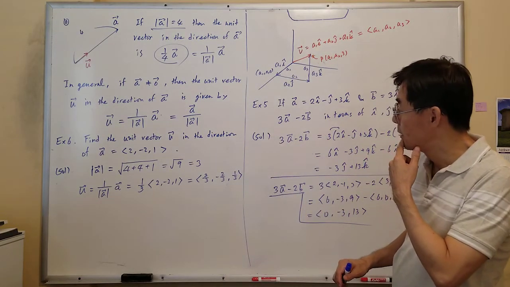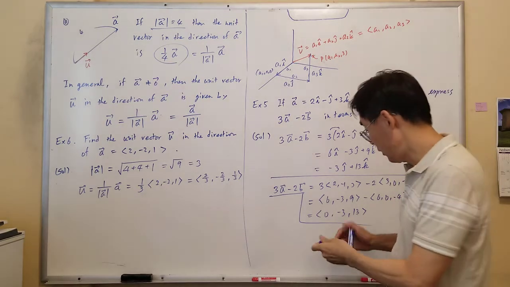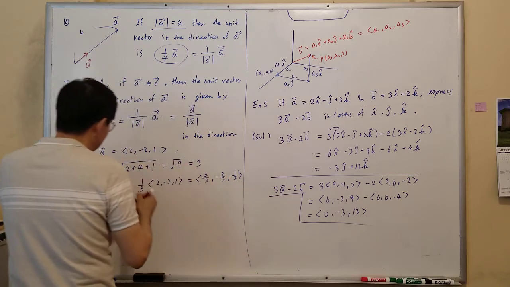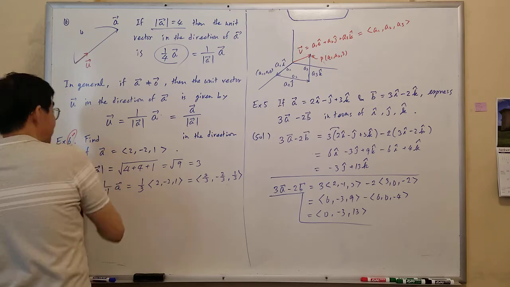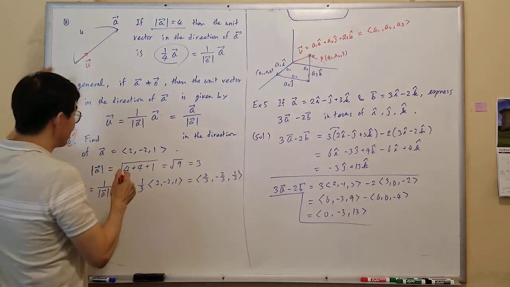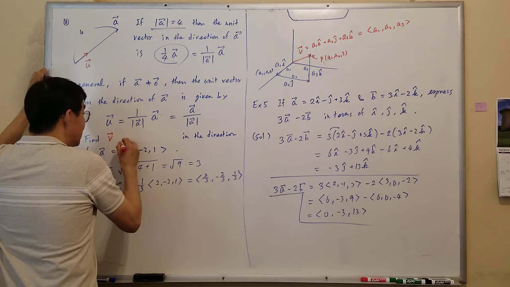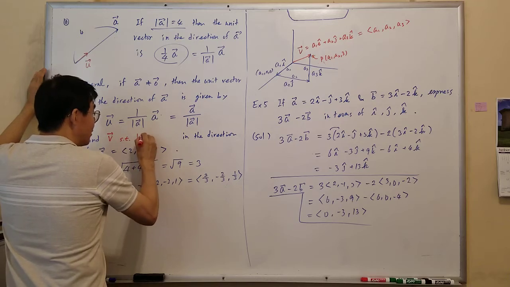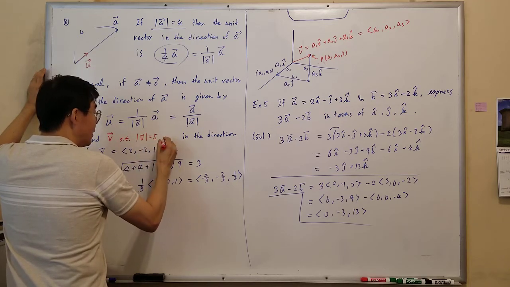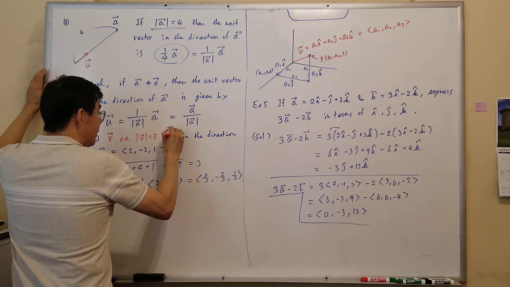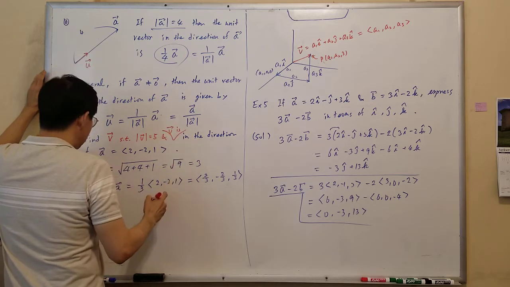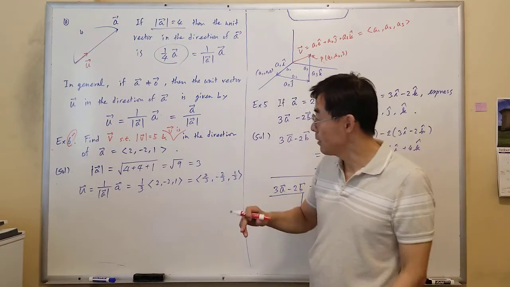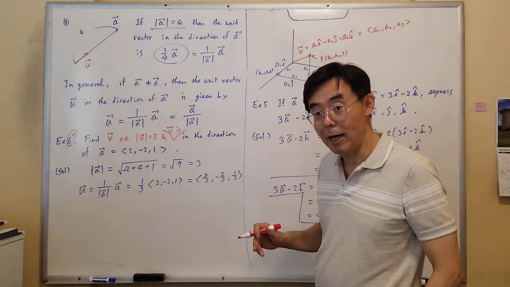Okay. What if I change the problem? Let's say, a variant of example 6, slightly different. Find the vector v such that its magnitude is 5 and v has the same direction as A. But v is not a unit vector, its magnitude is 5.